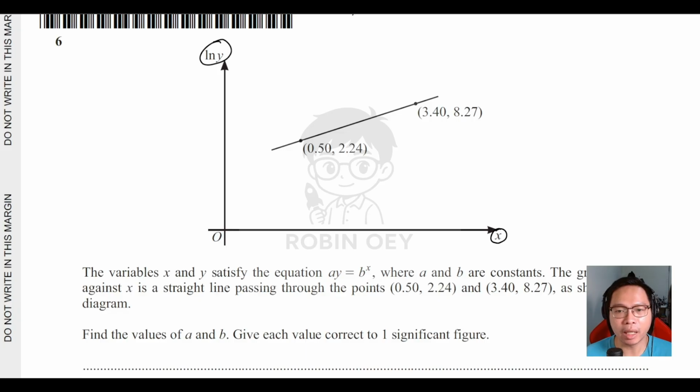But the problem is, if we mix up the coordinates, like in this case, the graph is x to ln y, so this is x and this is ln y. If we input the ln x instead, then the whole equation would be problematic.